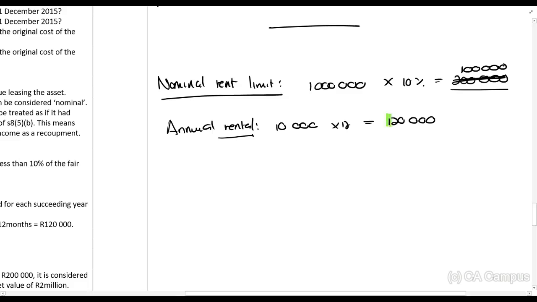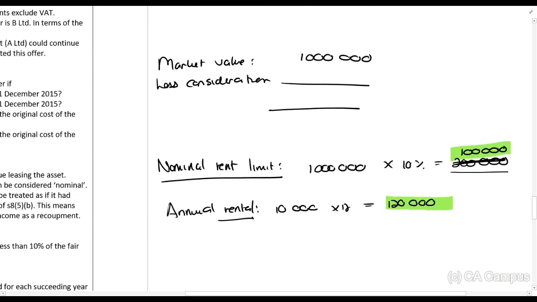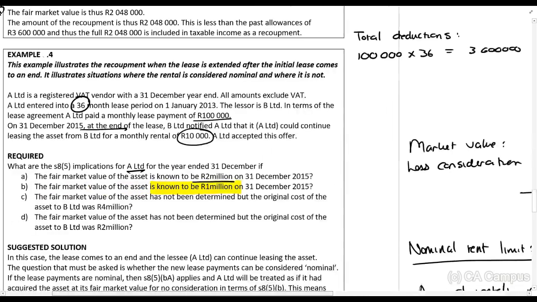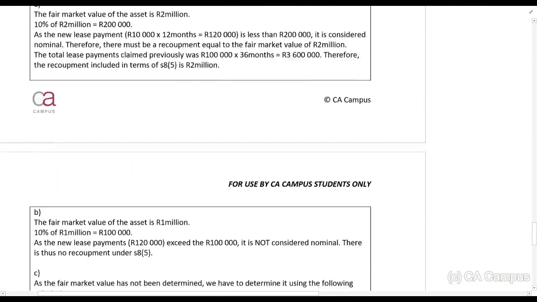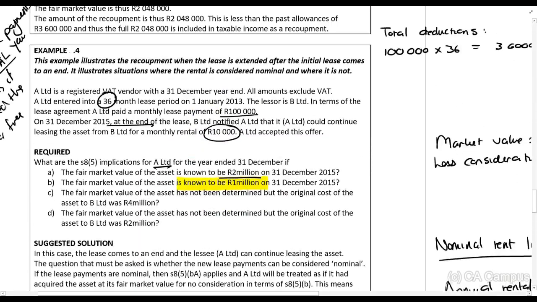So our annual rental is 120,000 rands, 10% is 100,000 rands. So because we are paying 10% or more of the annual value, this is considered a proper lease agreement, and what it means is that if it's considered a proper lease agreement, there can't be a lease recoupment. So there is no lease recoupment whatsoever.